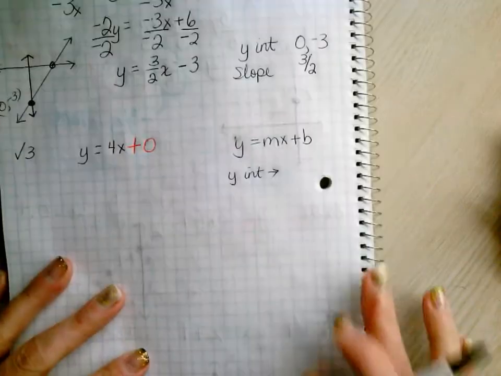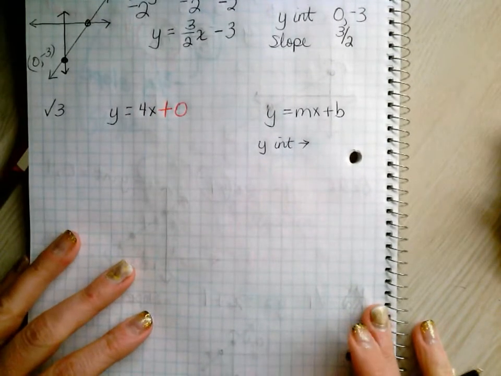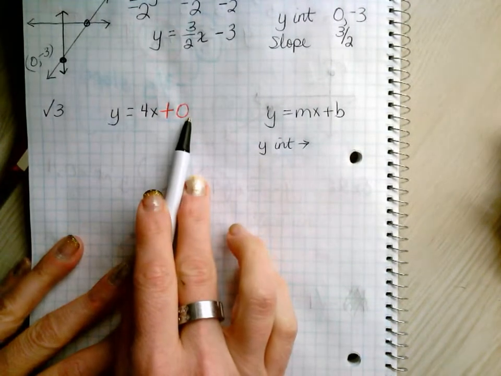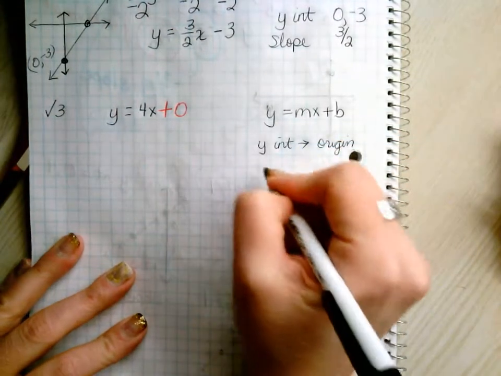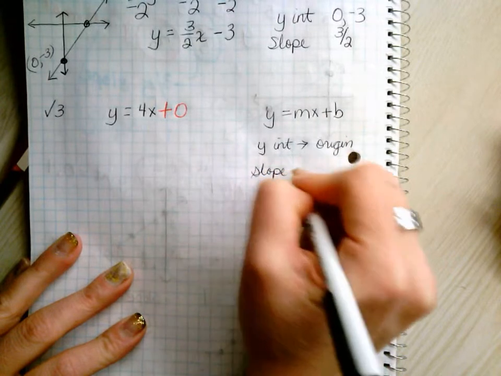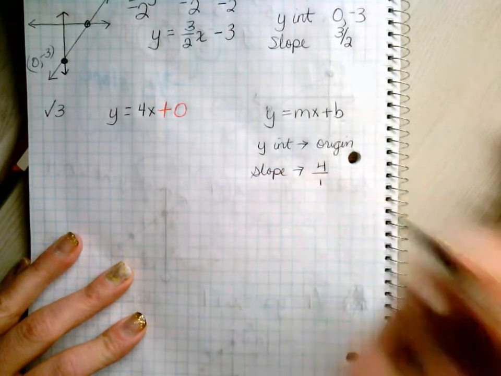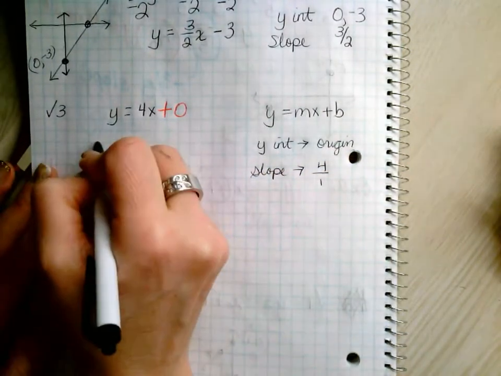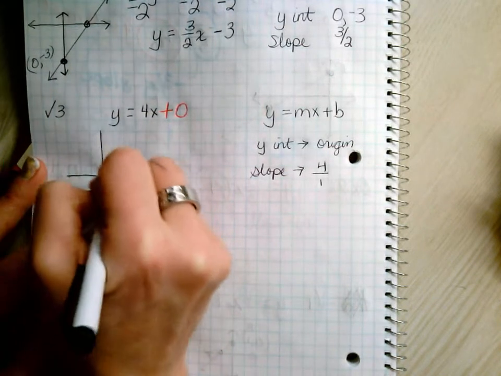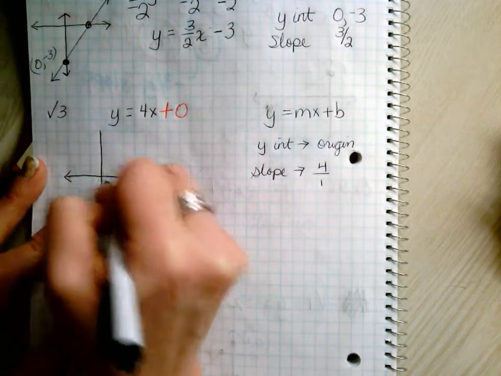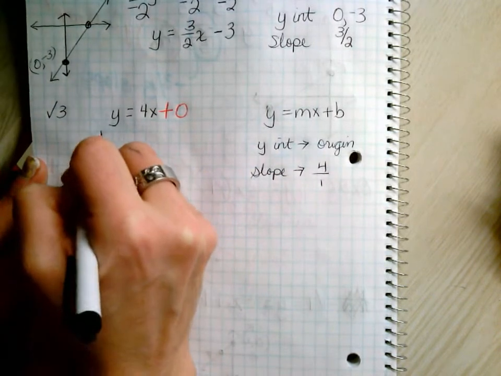I guarantee you, some of you are going to walk up to my desk and go, I don't know what to do. There it is. What's the slope? 4/1, just so that you know how to move. So, I'm going to draw and leave myself lots of upward space. Here's my y-intercept.